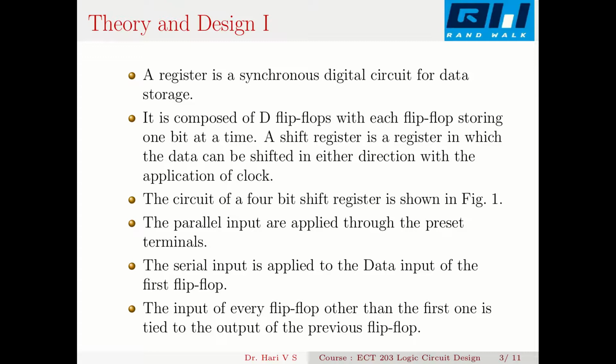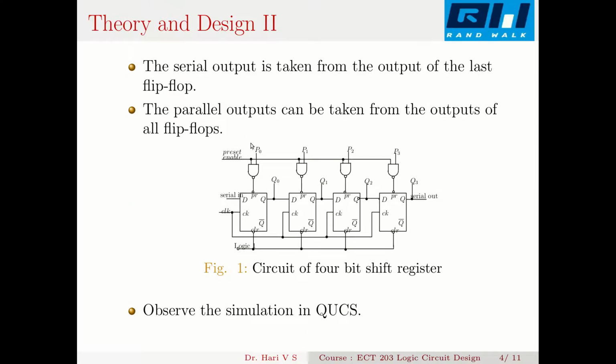So often this is used in processors, like you have the accumulator in any processor, a DSP processor or a microprocessor. You can see that is a shift register because data can be shifted in either direction. So the circuit you can see in this is a circuit of a 4-bit shift register. Here I use 4 D flip-flops.